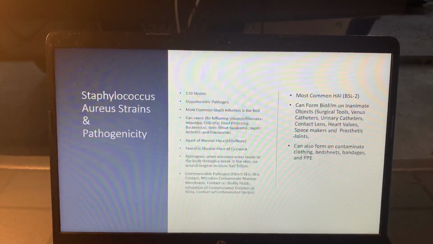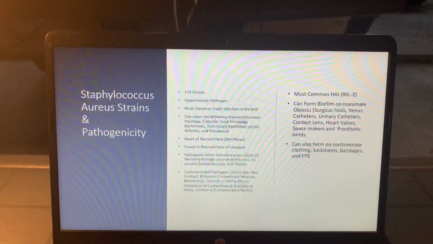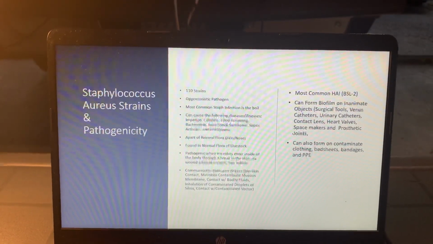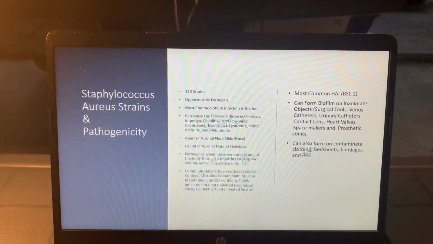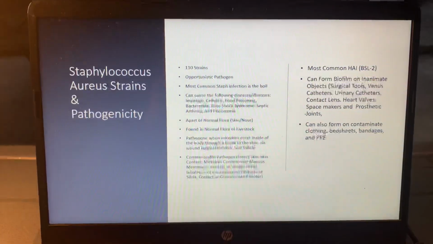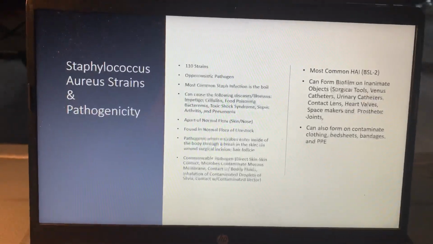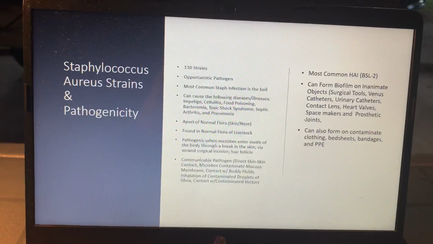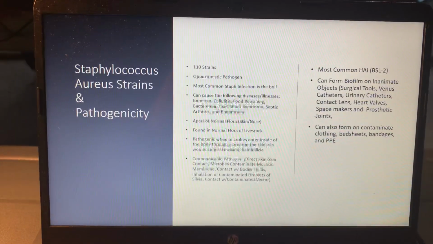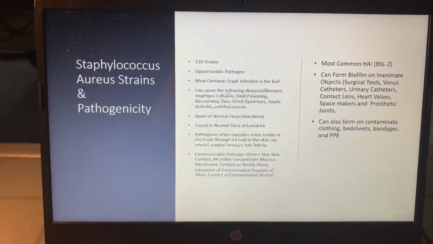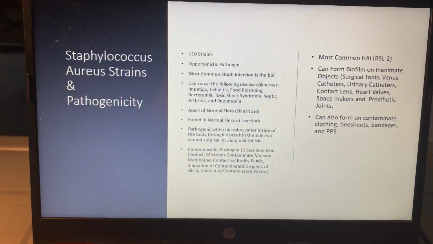The most common staph infection is the boil. It can cause the following diseases and illnesses: impetigo, cellulitis, food poisoning, bacteremia, toxic shock syndrome, septic arthritis, and pneumonia. It is part of our normal flora, so it can be found on the skin and in the nose. It can also be found in the normal flora of livestock.